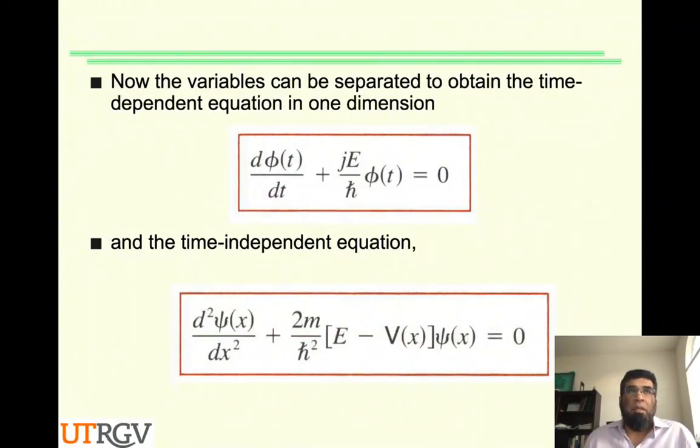Many times we have a problem where the function is just dependent on space. In that case it would be time independent, and only space variables would be required. So we solve the wave equation using the time independent equation. Or there may be a case where we are just looking at the time dependency, so in that case we use the time dependent equation.